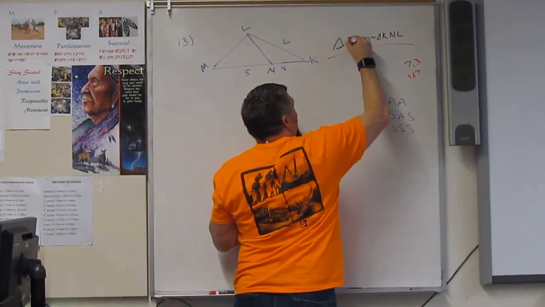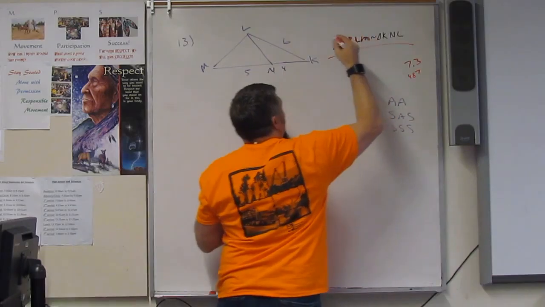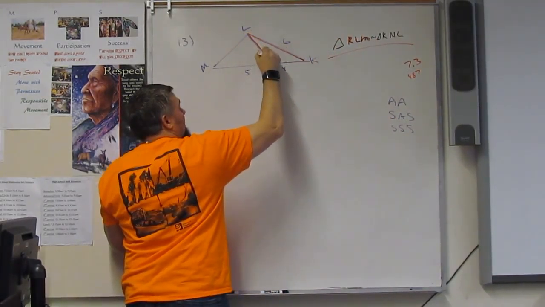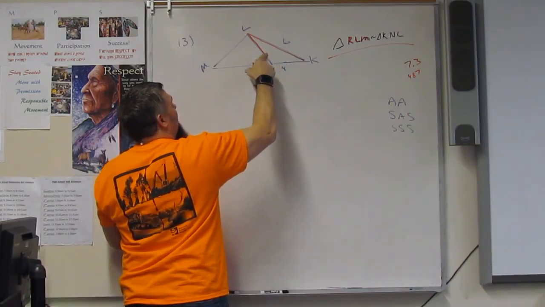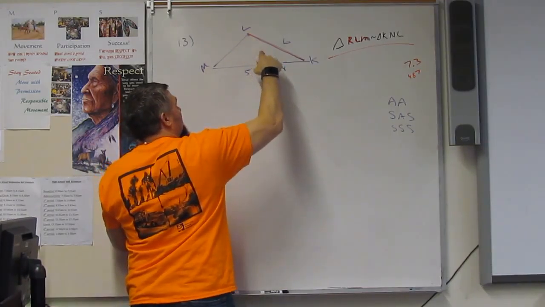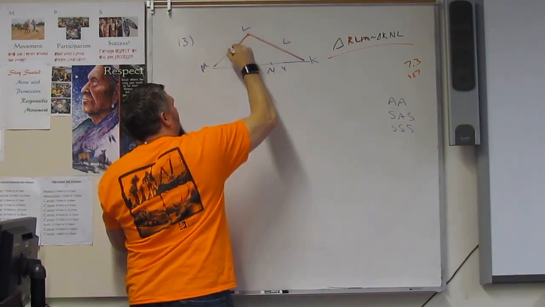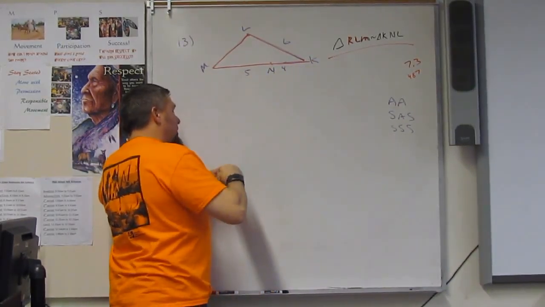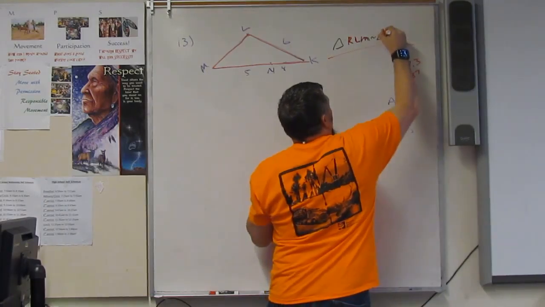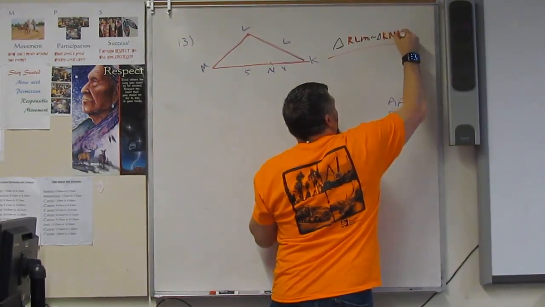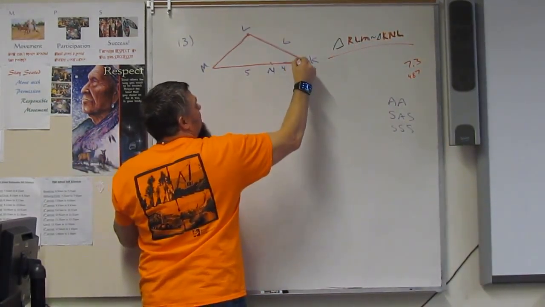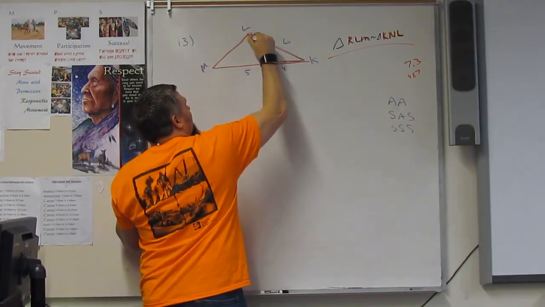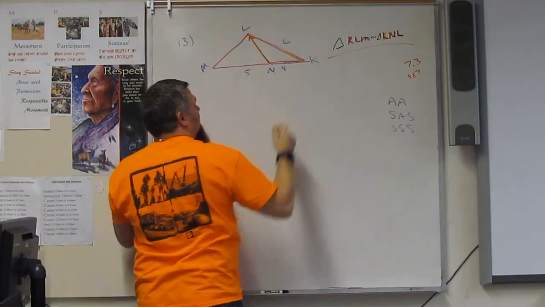If I list one as red, KLM, KL, M. That M is the red one. And then K, N, L, right?